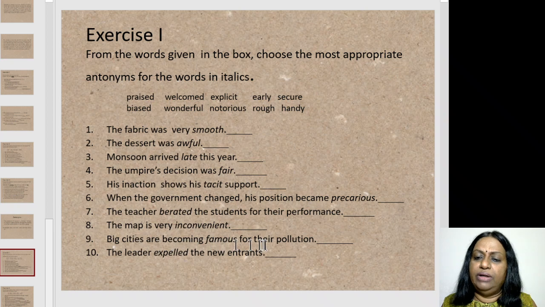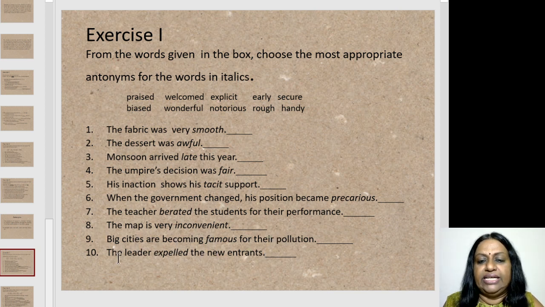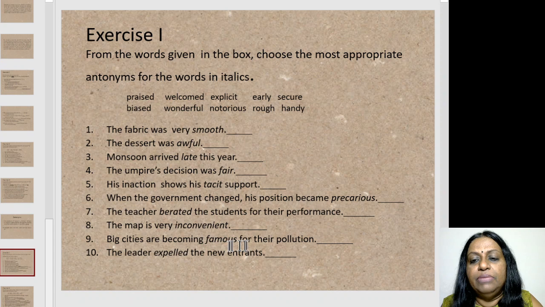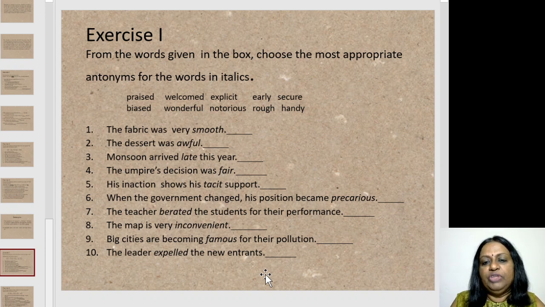Always go to the context and try to put the appropriate word based on the context. Big cities are becoming famous for their pollution. Now we need to remove famous and put an antonym there. So let's look at the words and pick what is most appropriate. Notorious. Big cities are becoming notorious for their pollution.